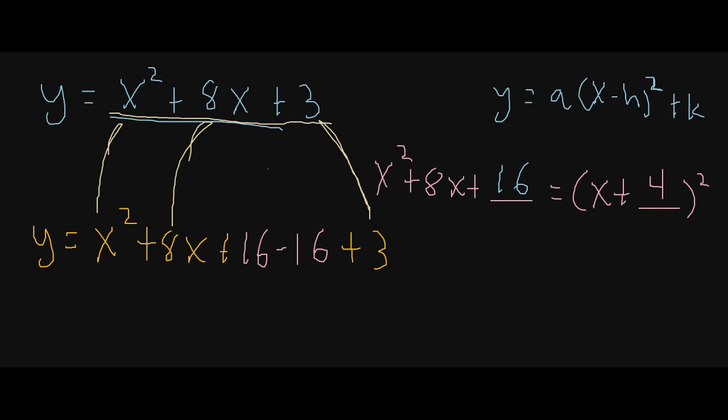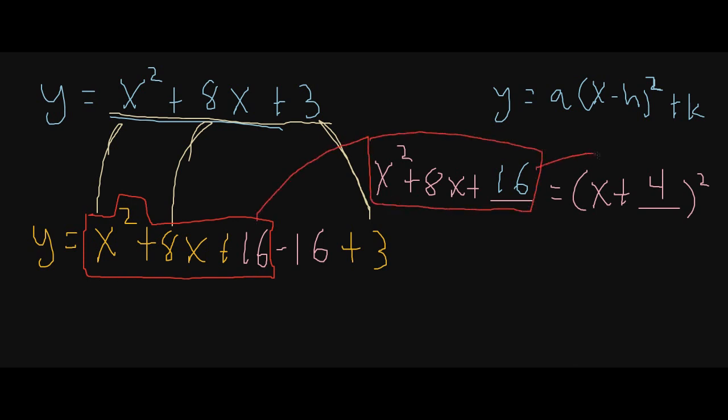Now, if we look here, this x squared plus 8x plus 16, which is right over here, becomes x plus 4 squared. So we're going to get y is equal to x plus 4 squared. Let me write it with a different color, actually.